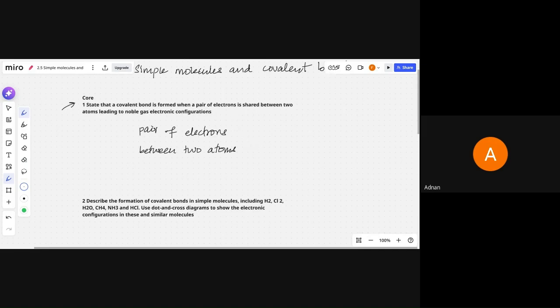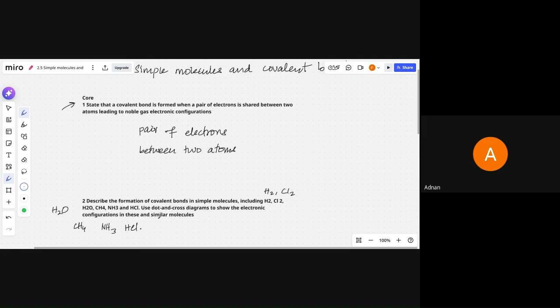So the next topic is: describe the formation of covalent bonds in simple molecules, including hydrogen H2, Cl2, a chlorine molecule, chlorine gas, water H2O, methane CH4, ammonia NH3, and HCl, hydrochloric acid.